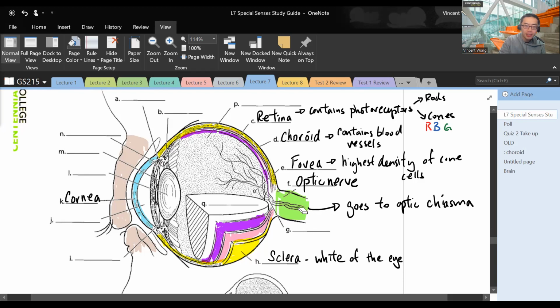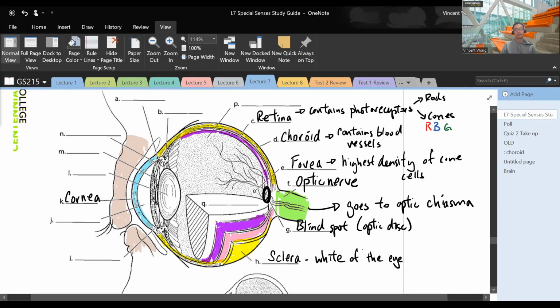Where the optic nerve is coming out of the eyeball, like this location here, you will not have any photoreceptor because the nerves are in the way. So that is what we call the blind spot, also known as the optic disc. No photoreceptor there.